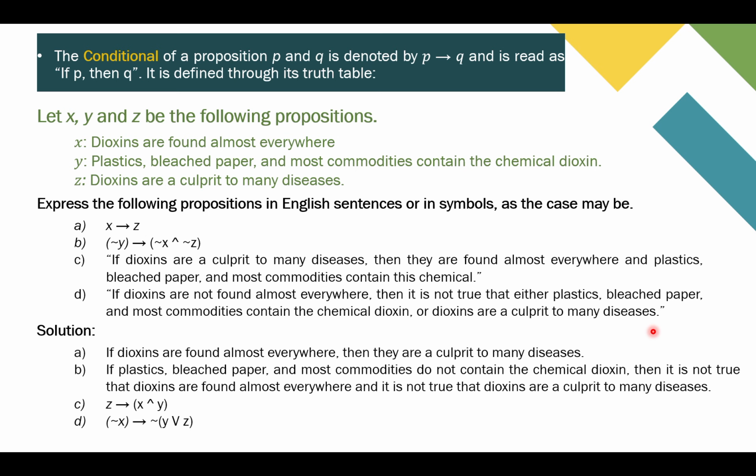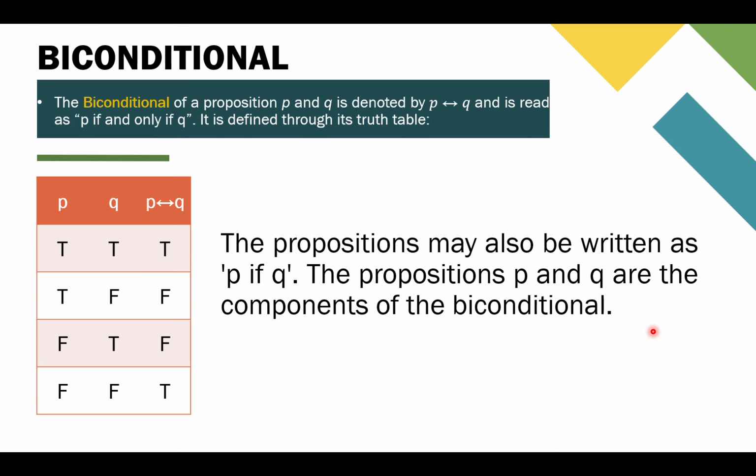Okay, so last but not the least, we have the biconditional. So the biconditional of propositions P and Q is denoted by P, and then an arrow from left to right, and then Q. So it is read as P if and only if Q. Now, its truth table, class. If both single components are true, then the whole statement would be true.